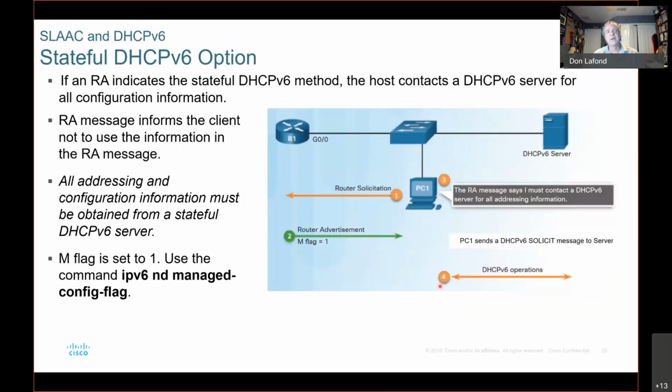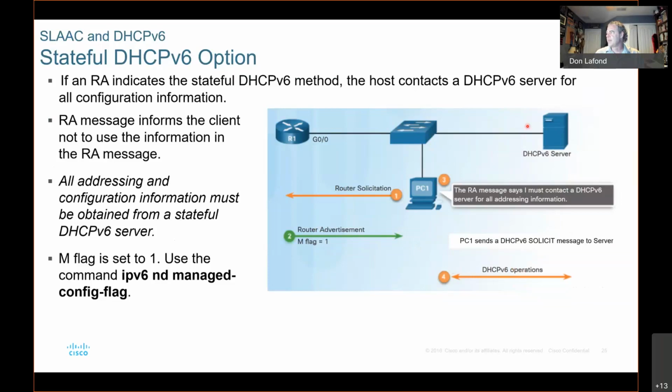Now, stateful DHCPv6 operation. This is where the M flag is going to be set. So the way this works is PC1 reaches out to the router. The router says, no, the M flag is set, so you need to get everything from your server. When the PC receives that router advertisement message, it must contact the DHCPv6 server, and it does that.